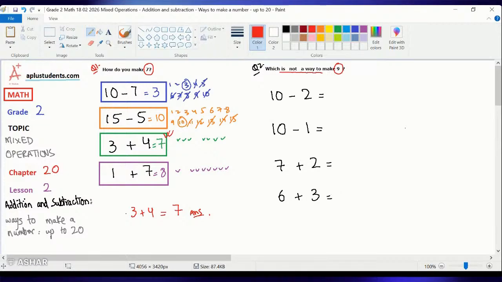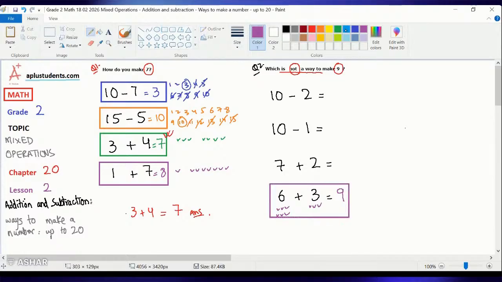What we need to find is not a way. The first option that we have is 6 plus 3. We can say 1, 2, 3, 4, 5, and 6, 7, 8, and 9. The answer comes out to be 9 if we add these numbers together, agreed?